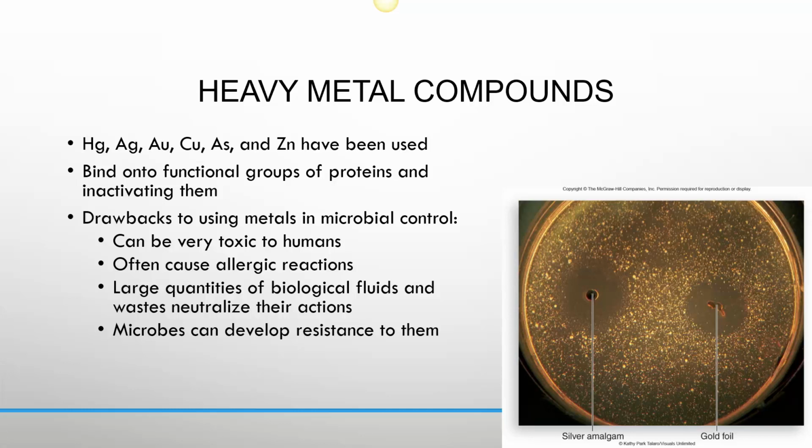Also, a lot of people have allergic reactions to these different types of heavy metals. Sometimes these metals can be put in joint replacements, and then people have a bad allergic reaction to the joint, and their joint has to be replaced with a different type of metal. Large quantities of biological fluids and wastes neutralize their actions. Microbes can develop resistance to them.